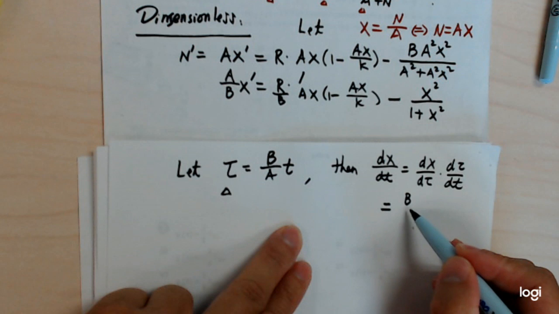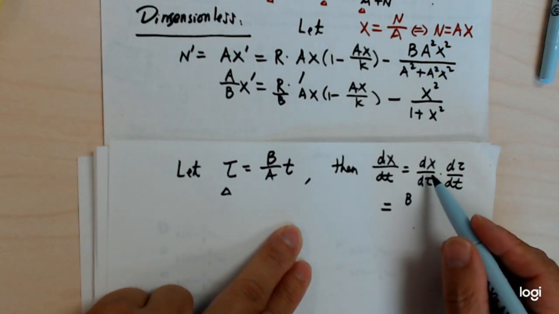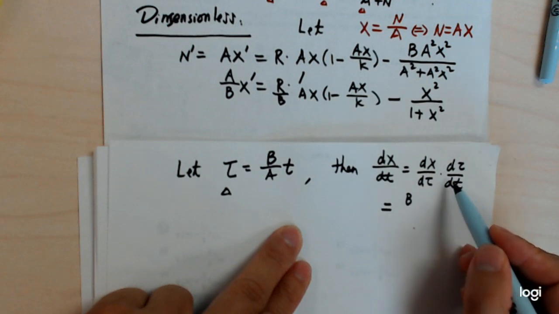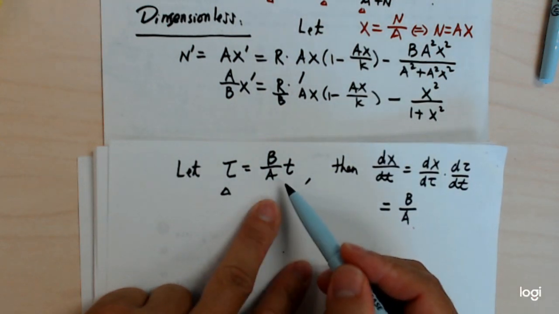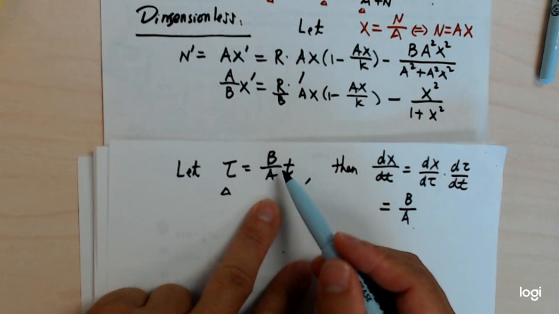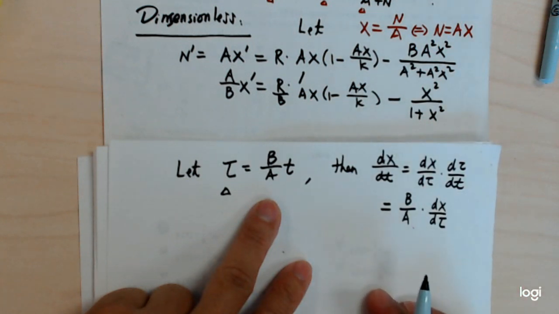dx/dtau is something we are trying to figure out. dtau/dt is b over a, because tau is a function of t, differentiate, you get b over a. So we're using this new time scale.